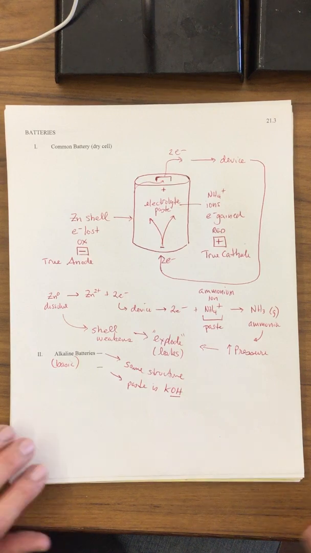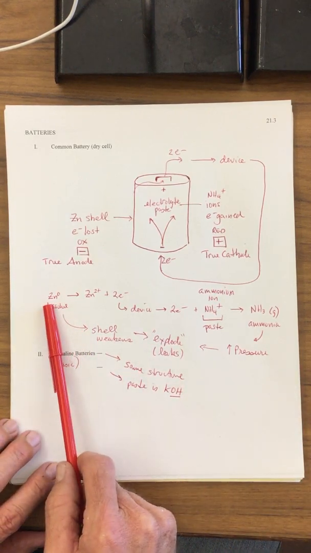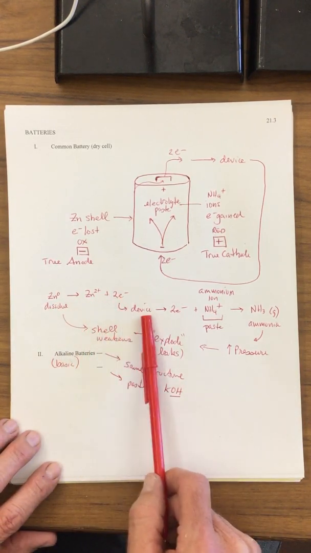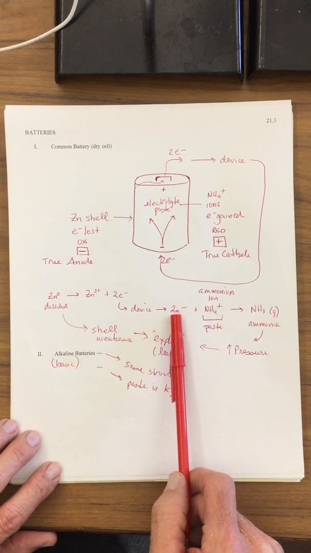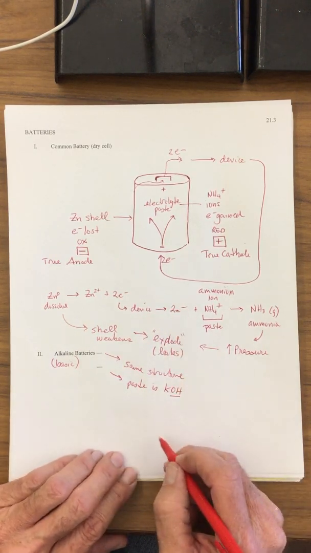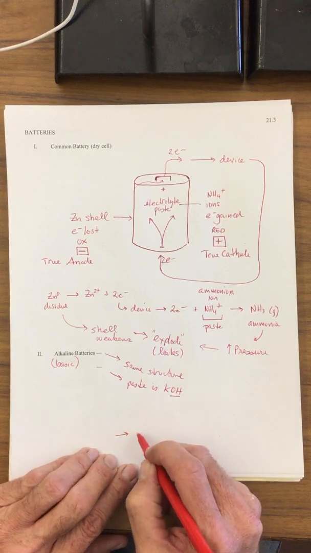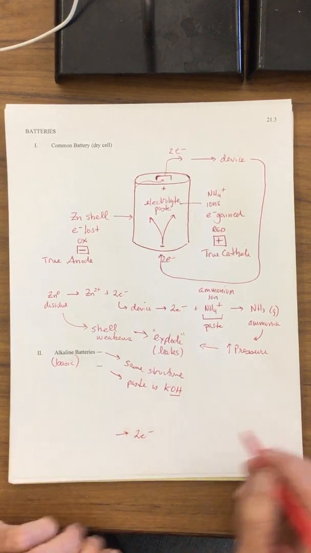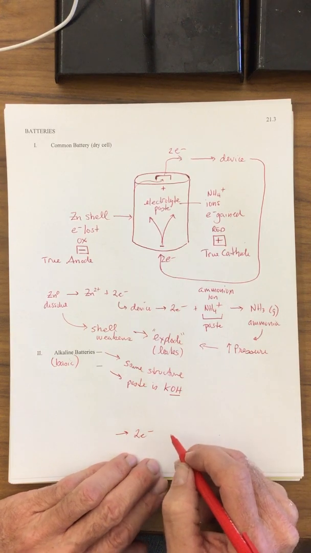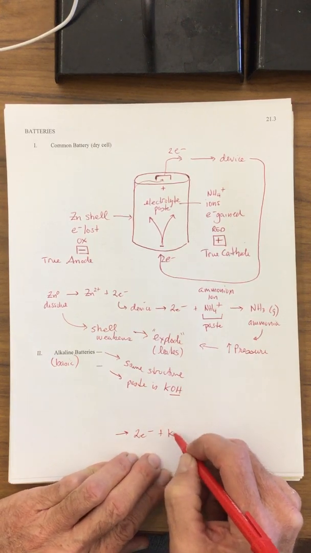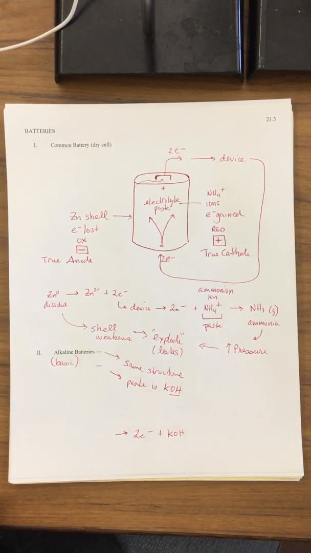So it's the whole same process. We have the zinc. The zinc produces the electrons. The electrons go into the device. The electrons come back. So now we're going to pick up right here. So here the electrons are coming back, and we have the two electrons. But instead of the ammonium ion, we have the potassium hydroxide. In this potassium hydroxide, we have a mixture of other things as well.